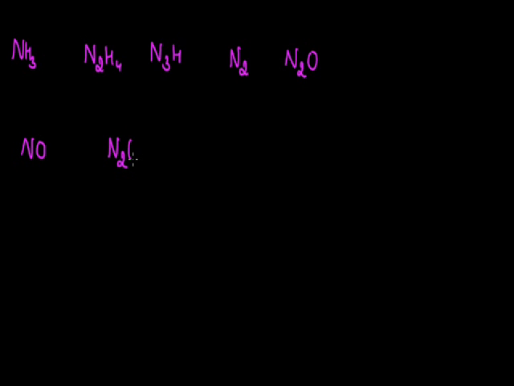Now, taking the last example of oxidation state, let us calculate the oxidation state of nitrogen in these compounds. The very first is ammonia NH3, the second one is N2H4, the third one is N3H, then the molecule of nitrogen N2, then the oxide of nitrogen nitrous oxide N2O, the next one is nitric oxide NO, then N2O3, NO2 and N2O5.